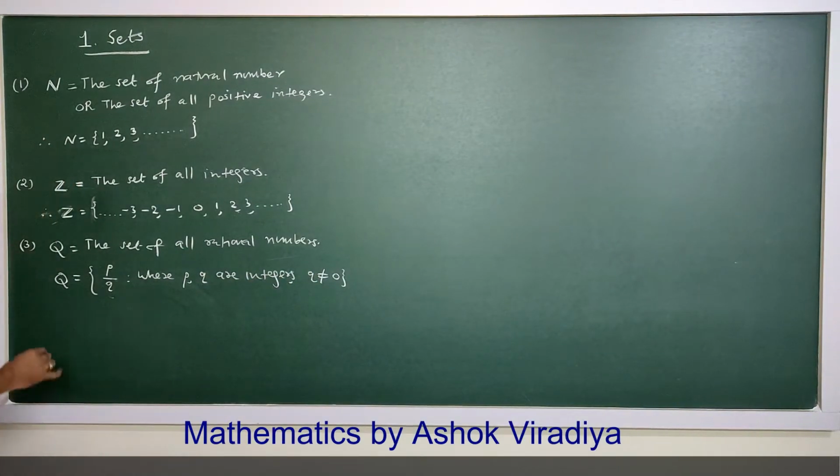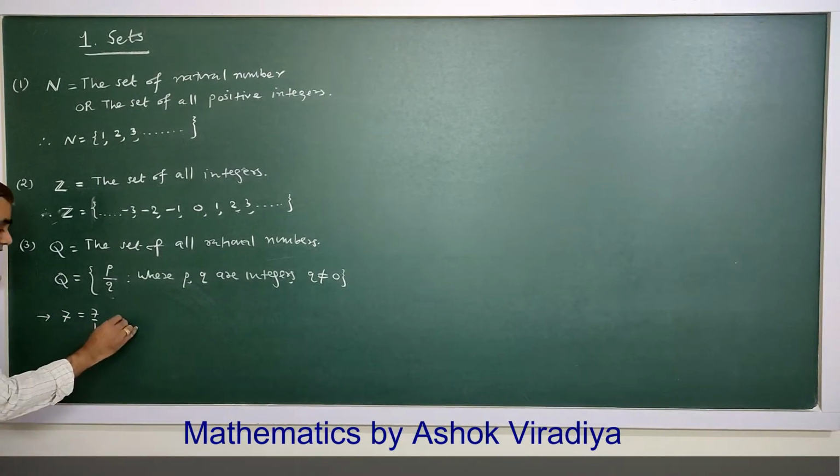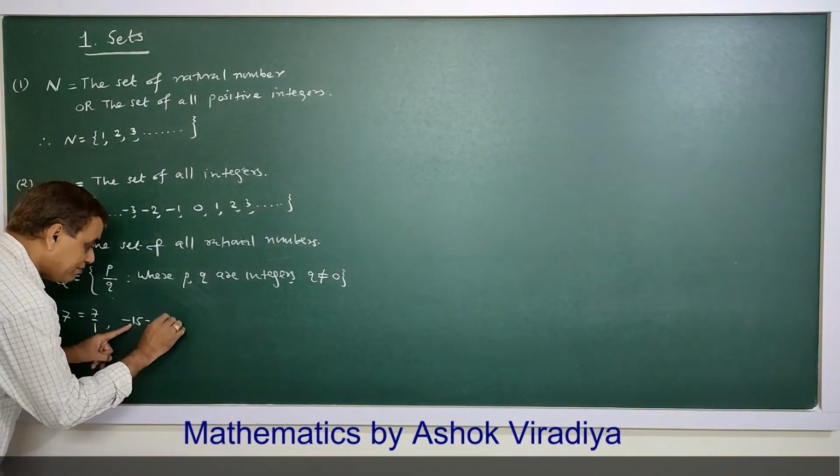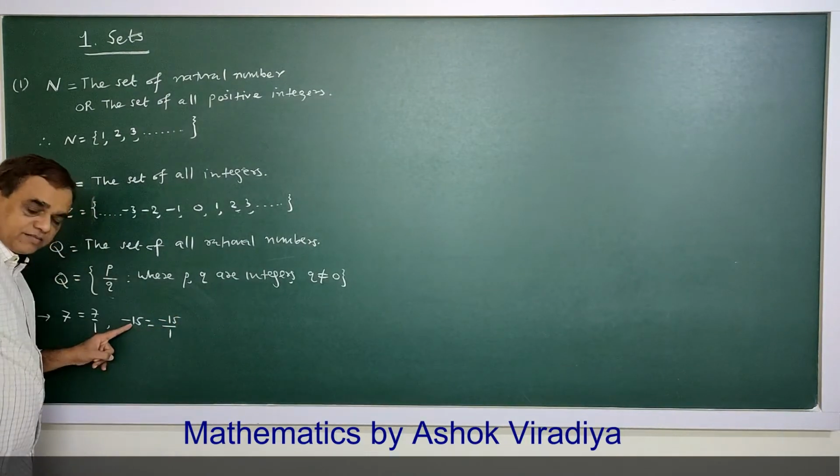As for example, say, if I say 7, now 7 can be expressed as 7 by 1. So here P is 7, Q is 1. If I take -15, -15 can be expressed as -15 by 1.